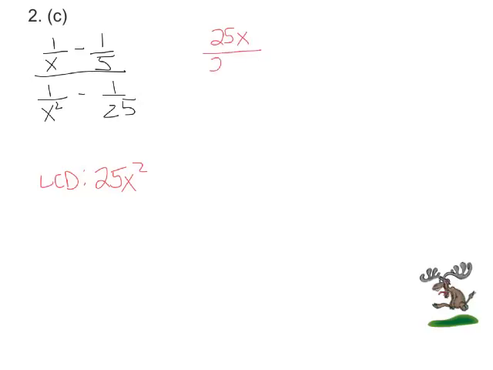And that gives me 25x squared in the denominator. To make my second fraction have a denominator of 25x squared, I'm going to need to multiply the top and bottom by 5x squared, because 5x squared times 5 is 25x squared.